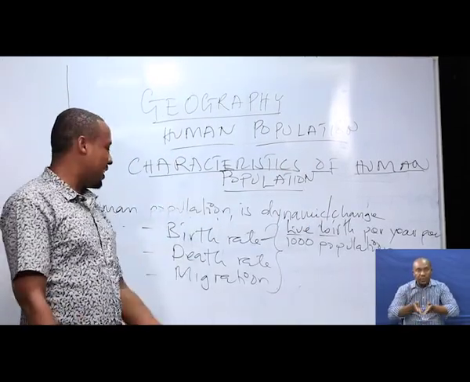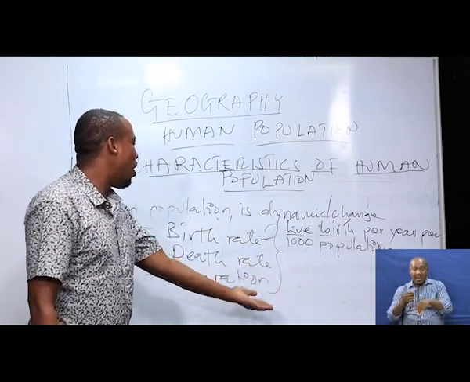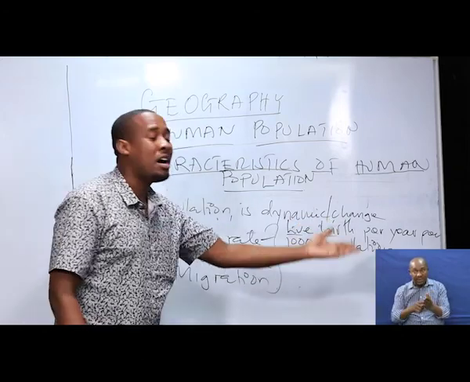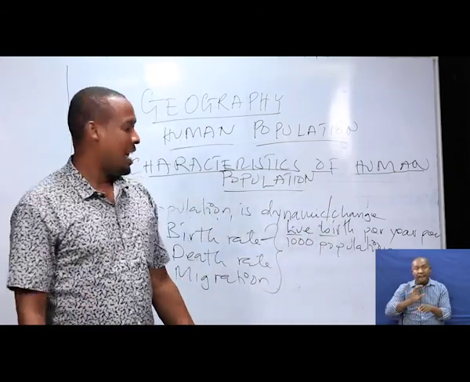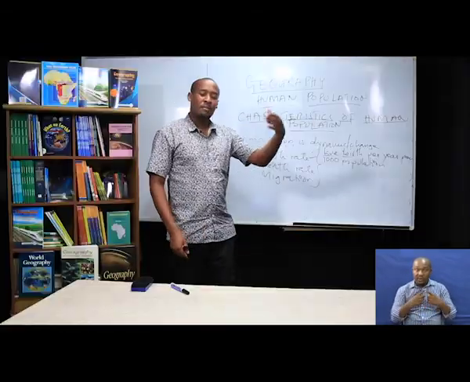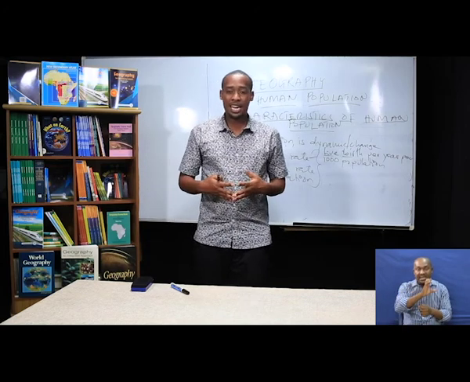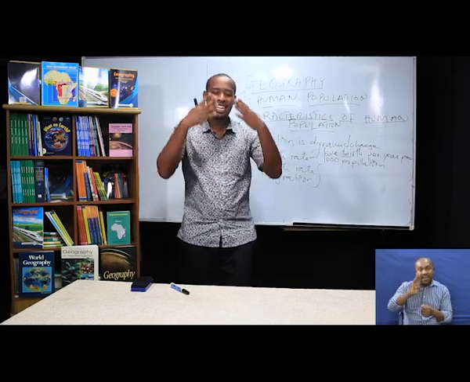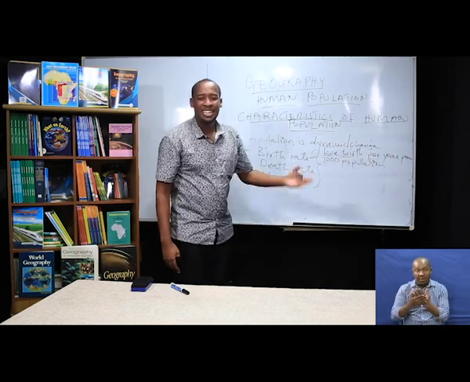But in the case of death rate, this is the number of deaths per year per 1,000 of the population. It is again caused by several factors. In most of the LDCs, some of the sub-Saharan African countries, populations decline because of high death rates.